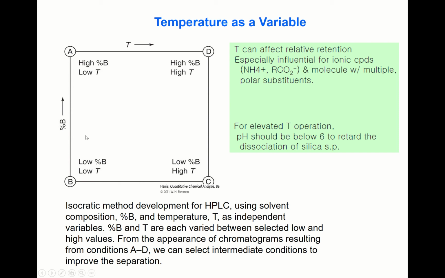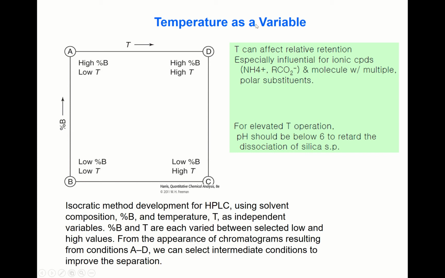Since you can independently change the percent B and the temperature, you look at the chromatograms, and then you choose which condition is good, or you can maybe choose in between, for the best separation. So your decision is based on the appearance of chromatograms resulting from these conditions.